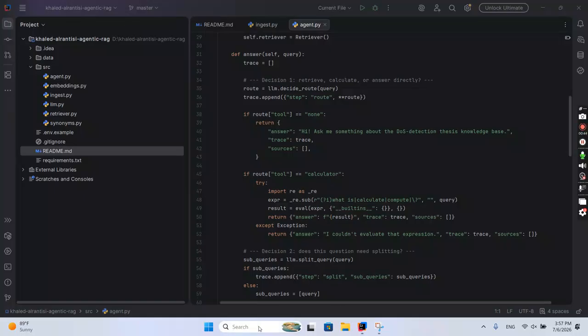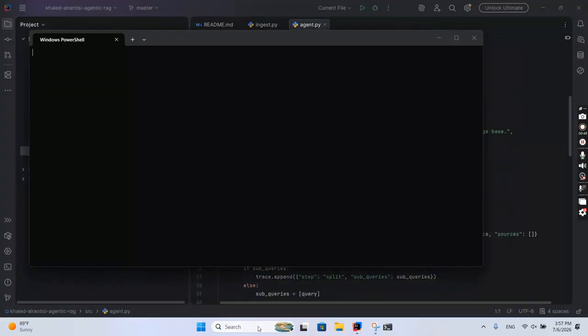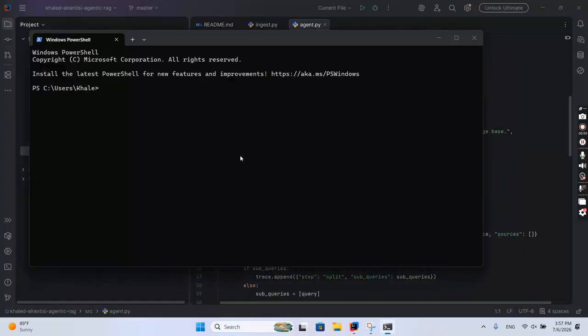So the first thing we'll do is open the PowerShell and move into my project folder, which is called Khaled Alrantisi Agentic, and we are now in my project folder.